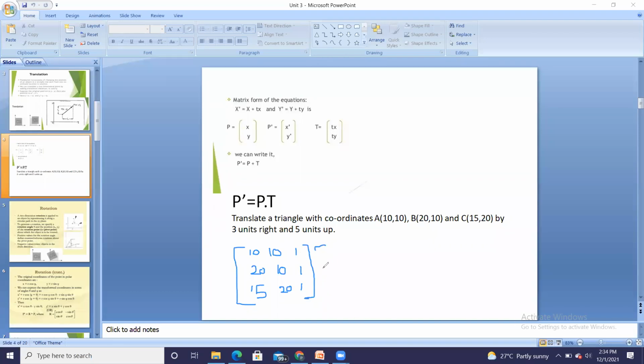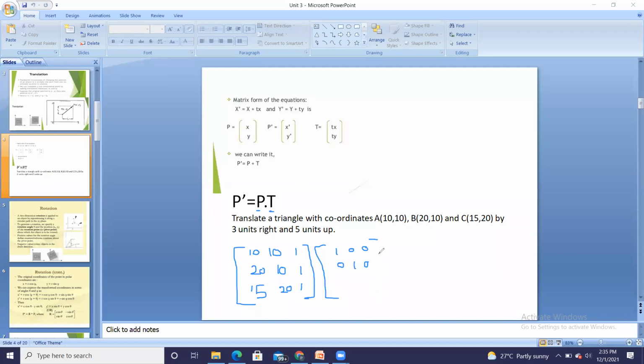And when we multiply it with T, so this is your original P that you have written right now. Then what comes next is T, that is the translation matrix. So in the translation matrix, we have what we can say an identity matrix or unit matrix of 3 by 3 size.